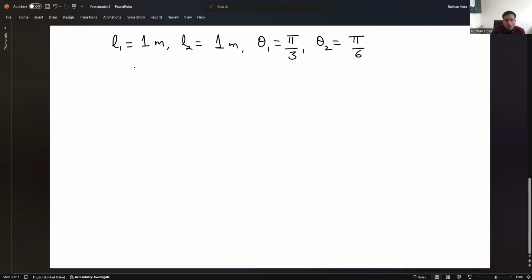So x tip will be given by L1, which is 1, cos θ1, which is pi by 3, plus L2, which is again 1, cos(θ1 plus θ2), which is pi by 3 plus pi by 6.